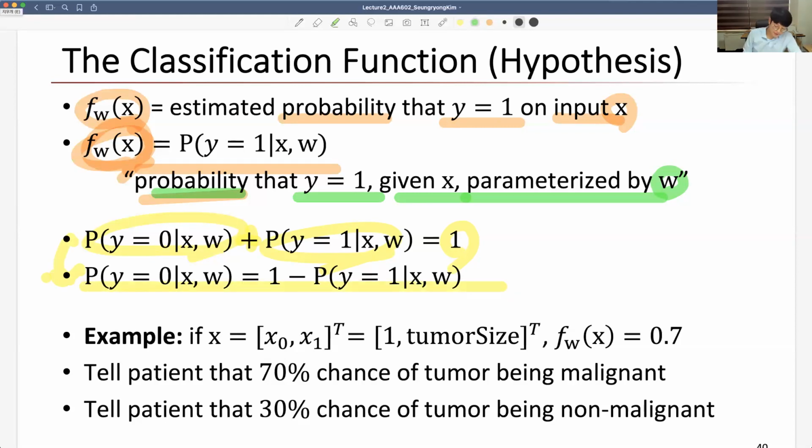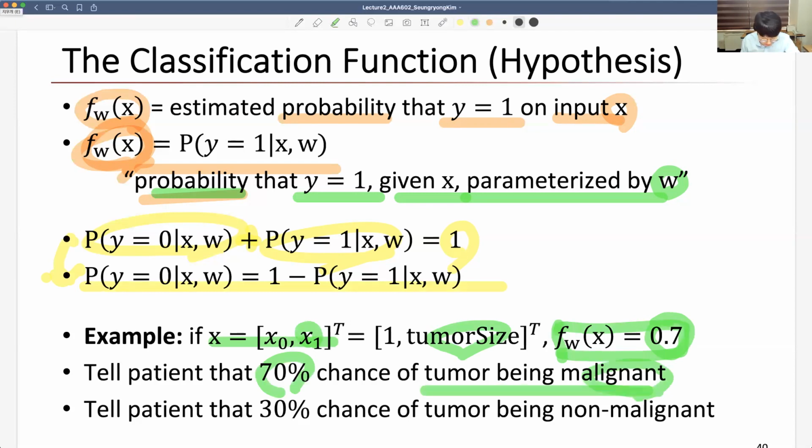So for example, if we have the feature vector x0 and x1, and x1 is the tumor size, and the output of the mapping function is 0.7, then we can say that this pattern has a 70% chance of the tumor being malignant, right? Or this pattern has a 30% chance of the tumor being non-malignant, right?